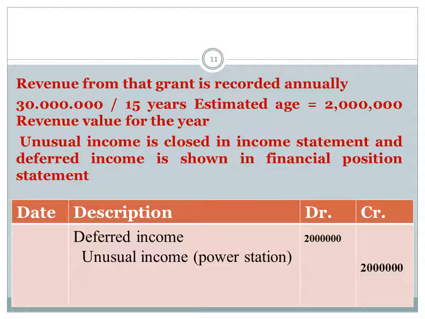So the balance of deferred income in the first year will be 28 million, and will appear in the financial position statement, the balance sheet. Unusual income 2 million will appear in the income statement. This entry we will make every year through the useful life of 15 years estimated.